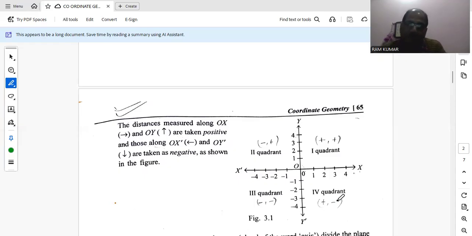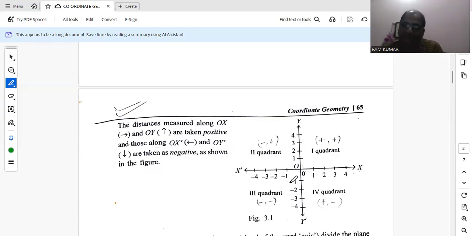Now the next point: if one coordinate of a point is 0, either x or y, that is, either the abscissa is 0 or the ordinate is 0, then where will the point lie? In that case the point will lie on an axis, either the x-axis or the y-axis. If the x coordinate is 0, the point will lie on the y-axis.